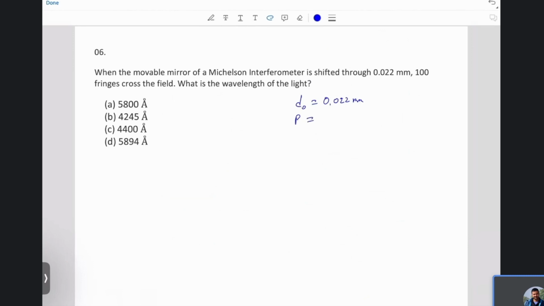The number of fringes which appear is given as 100. Then what is the wavelength of the light?